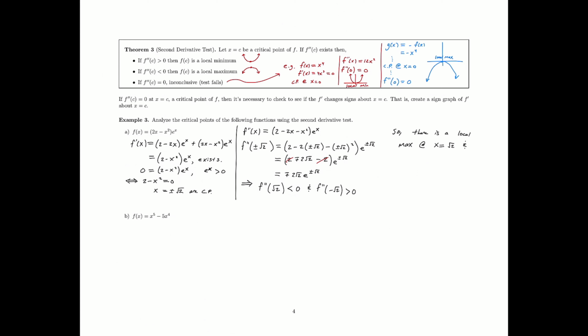And a local minimum at x equals negative root 2. Remember, this is essentially saying at x equals root 2, second derivative is negative, so this means we have concave down, which means we've got a max. This one is saying concave up, so we're saying a min. So we have a max at positive root 2 and a min at negative root 2.